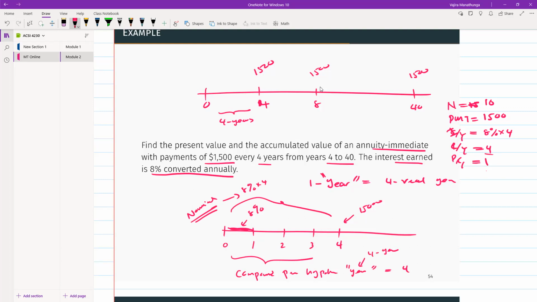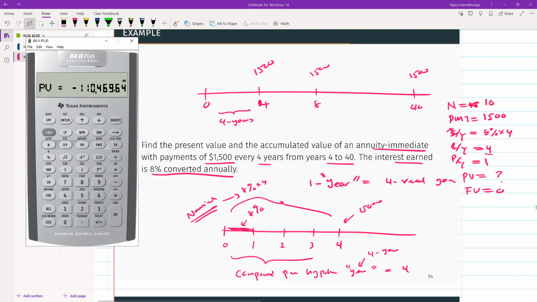Now you can enter the present value to be what you want. Set the future value to 0. When you're finding present value, you set the future value to 0. So let's use our calculator and get the answer. 10 for N, 1,500 for payment, 0 for future value.